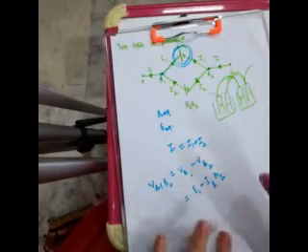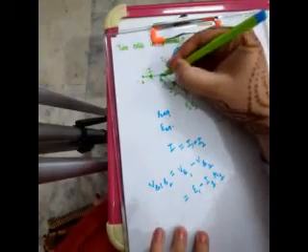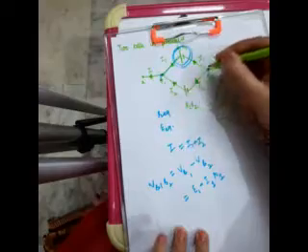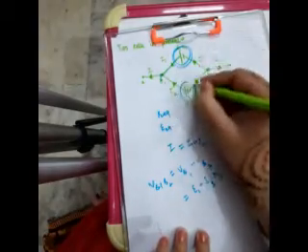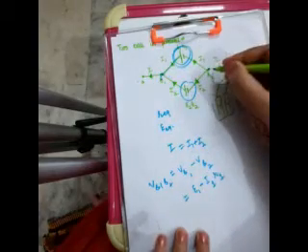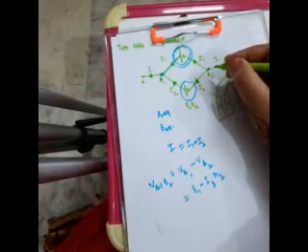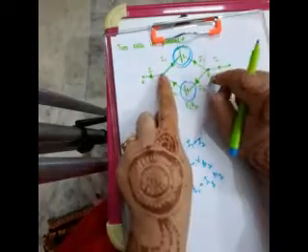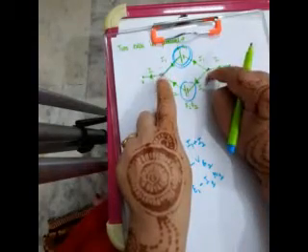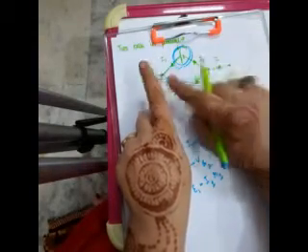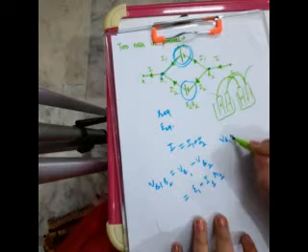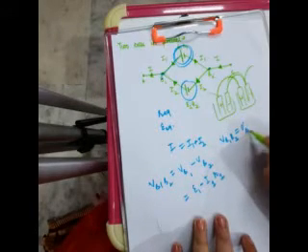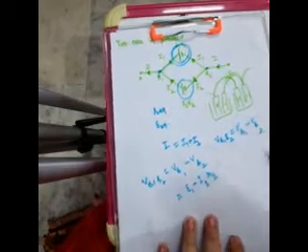Similarly, there is one other way. If you choose to calculate VB1B2 along this path, the potential difference along this path, then this cell comes in the way, and this will be equal to again VB1B2.